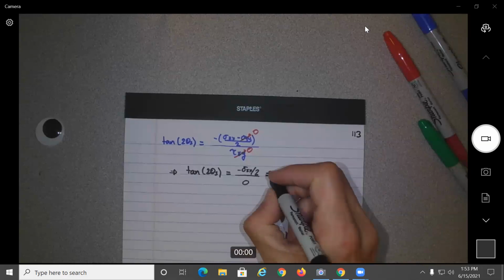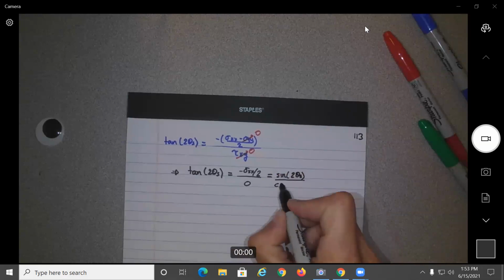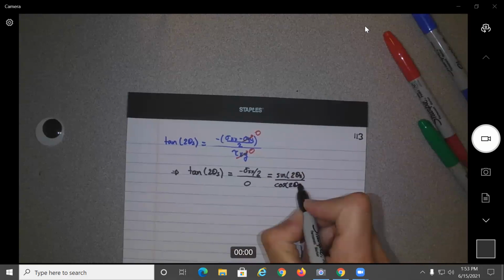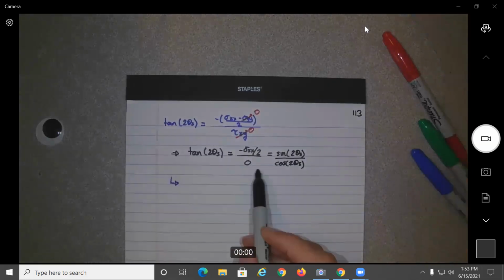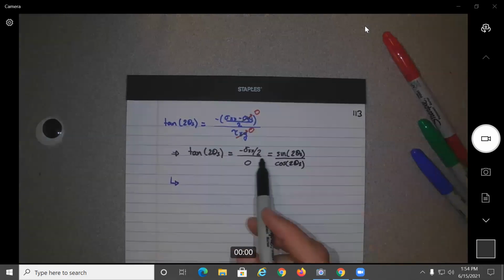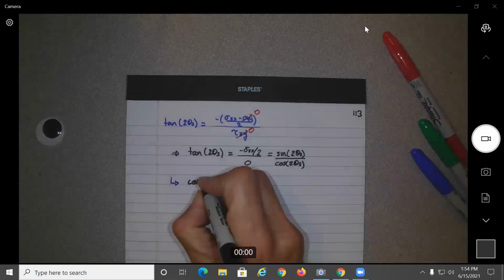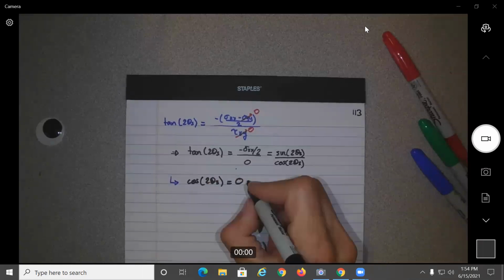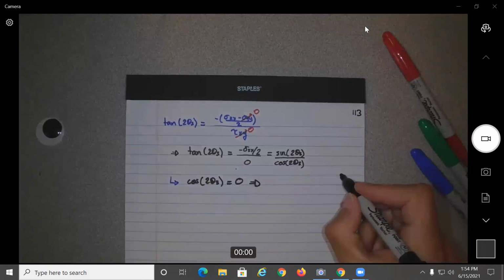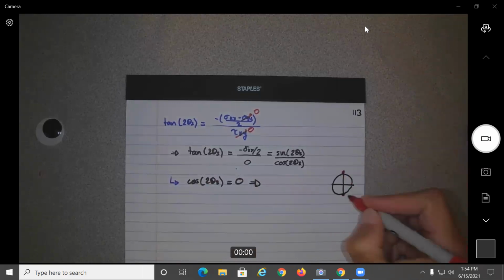So again, this is equal to sine 2 theta s divided by cosine 2 theta s. Like always, we look at the bottom one, because when you divide something by 0, it's not 0, it's infinite. But we can say here cosine 2 theta s needs to be equal to 0, which will give us what? Let me not make the mistake. The cosine will be equal to 0 here at the top and the bottom.